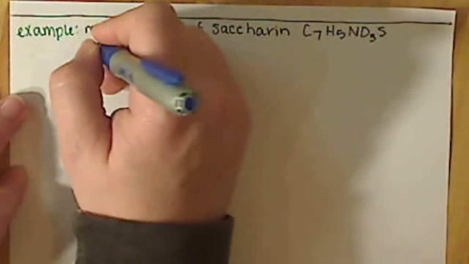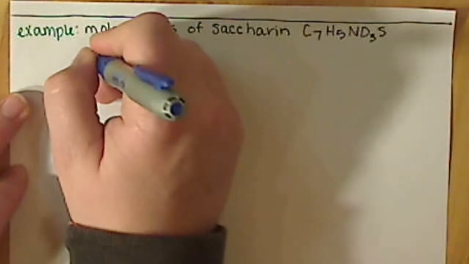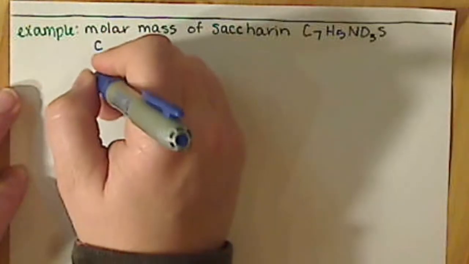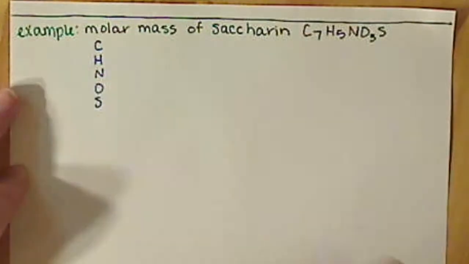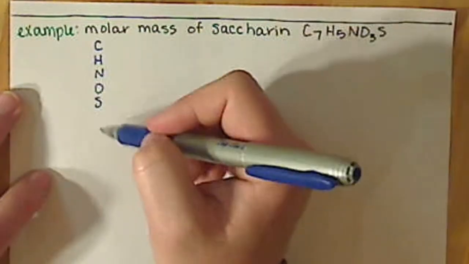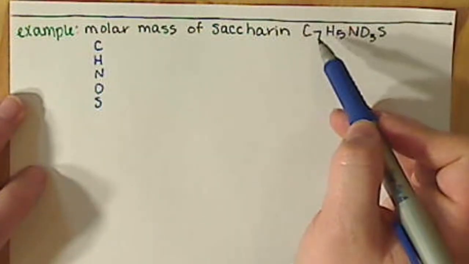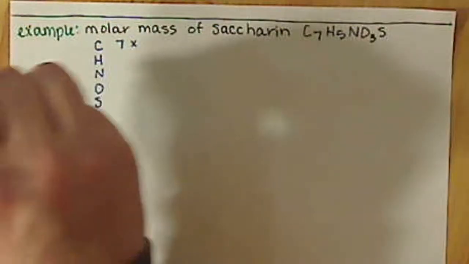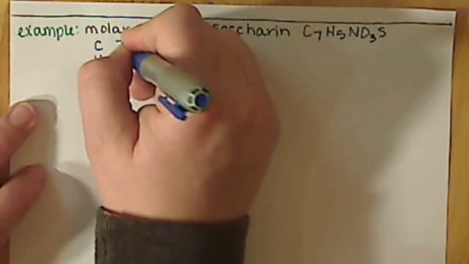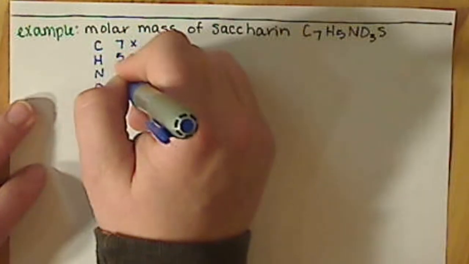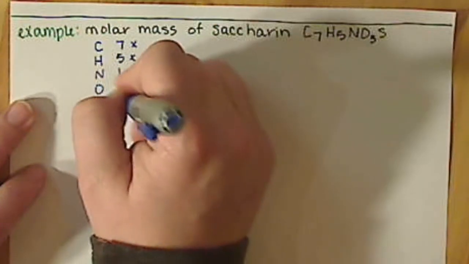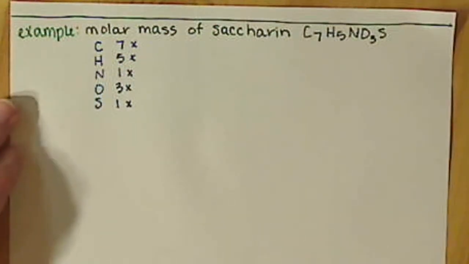All right, so we have carbon, we have hydrogen, nitrogen, oxygen, and sulfur. And we're using our subscripts for how many of each atom we have. So we have 7 carbons, 5 hydrogens, 1 nitrogen, 3 oxygens, and 1 sulfur.